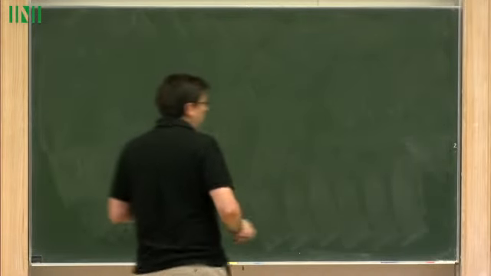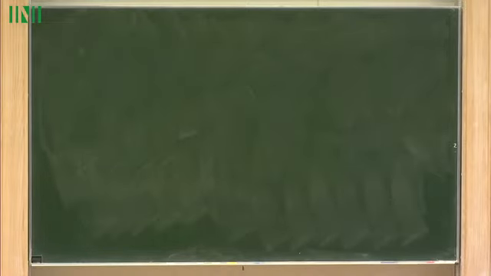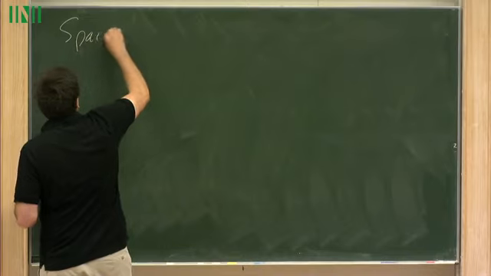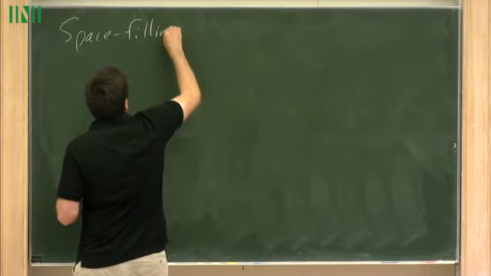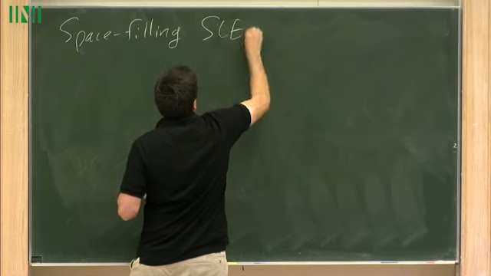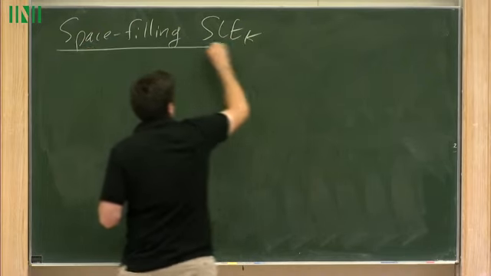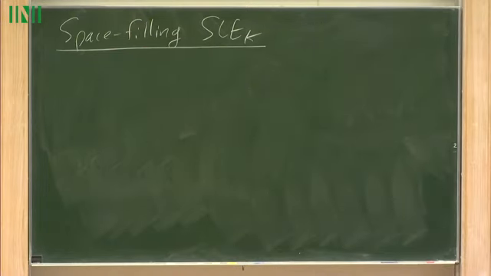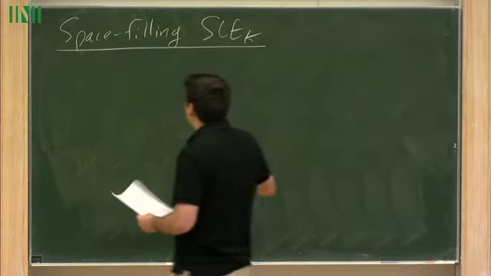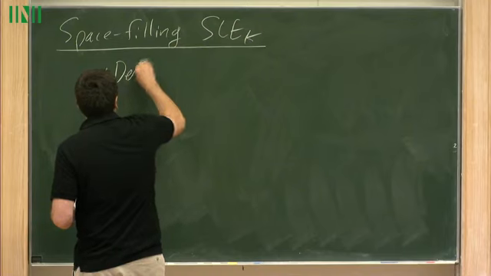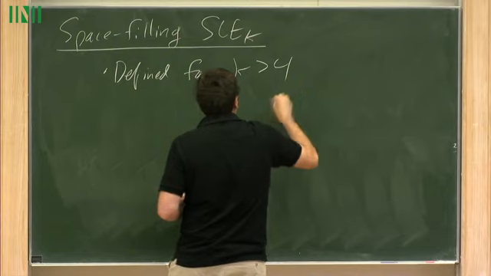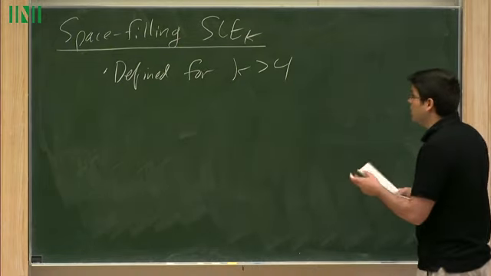Okay, so this is the field that arises. And now let me take a moment to describe to you the SLE process. So this is something which is called space-filling SLE. And this is a process which is defined, and it makes sense, whenever kappa is bigger than 4.